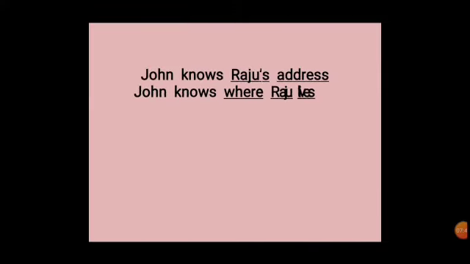Okay, next one. Now we are going to read the same sentence that we read in the beginning. John knows Raju's address. John knows where Raju lives. Now we are going to deal only with the things that are underlined, because in the beginning I told you that underlined things are nouns here. So, Raju's address, according to the teaching on phrases and clauses, now I think you will be able to differentiate these two.